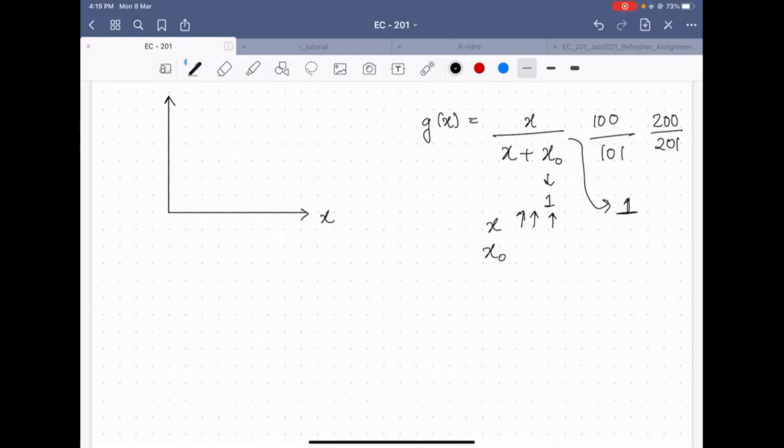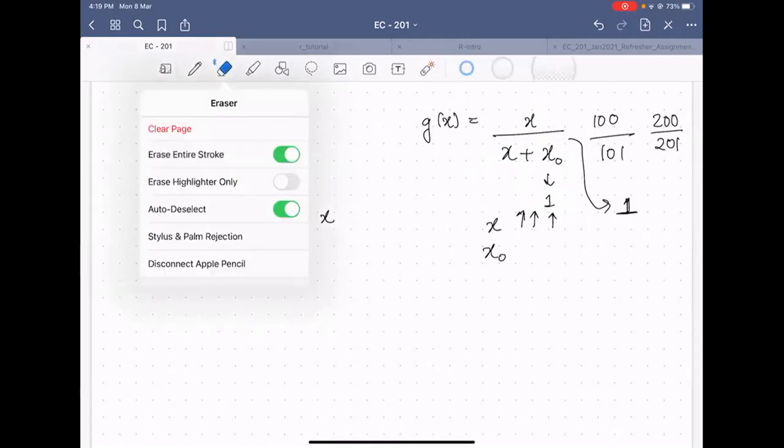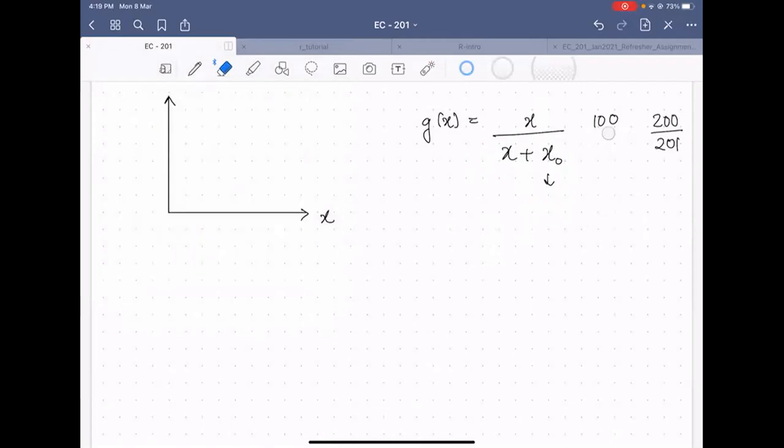But the denominator will always be greater than the numerator. So even if x is going towards infinity, which is a really big number in front of 1, this would always be trying to go towards 1, but it would never reach 1. So we know from this that the value of g(x) would be less than 1.